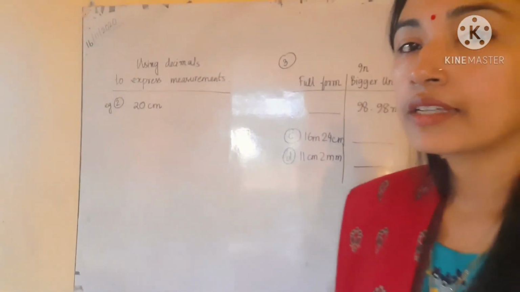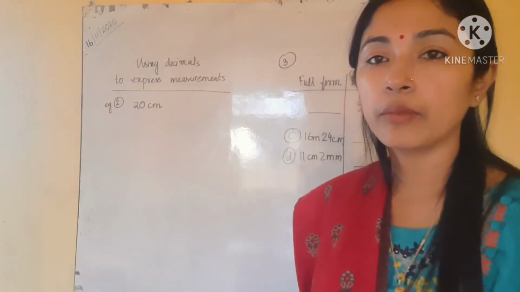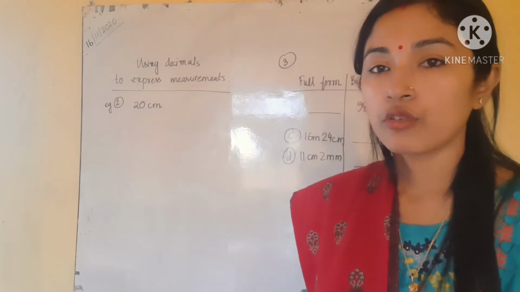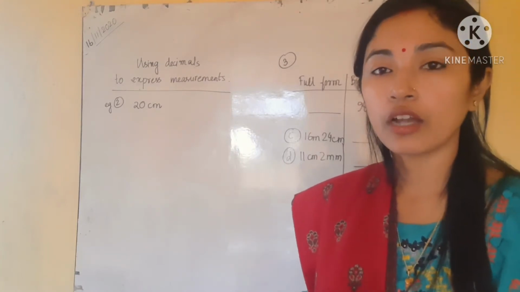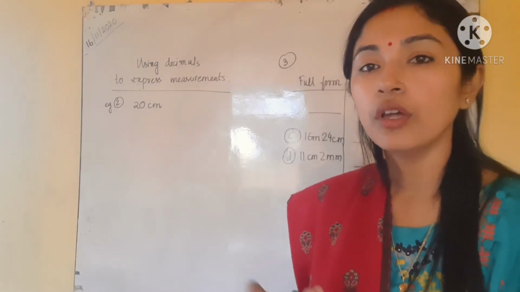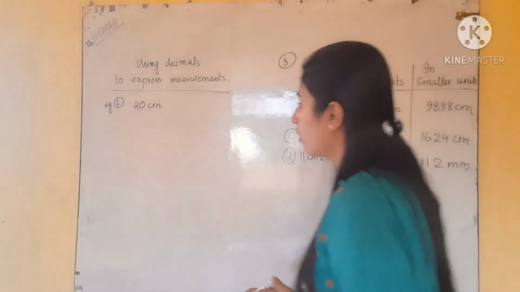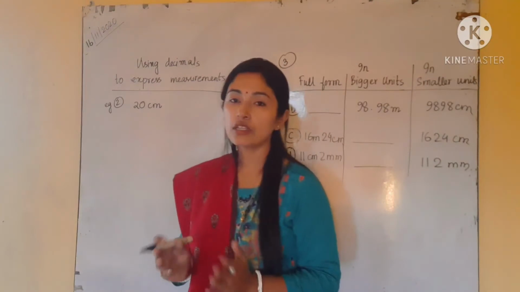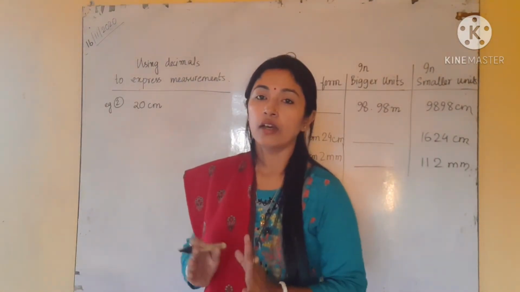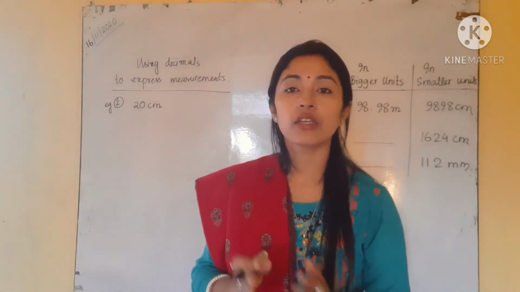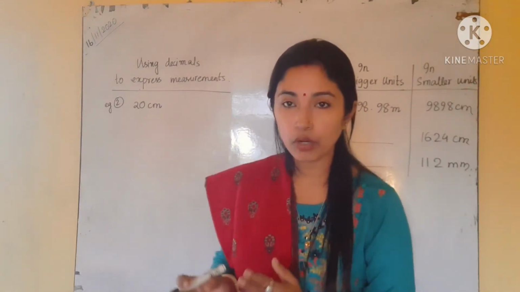Now students, see the next example. Next is 20 centimeter, and I have to convert it into meter. For that we must know the conversion from centimeter to meter, or meter to centimeter. Using the chart you can easily find out what 1 centimeter or 1 meter is equal to.